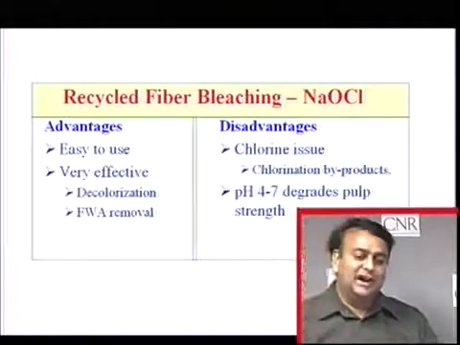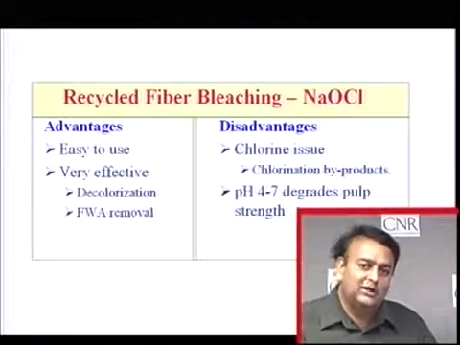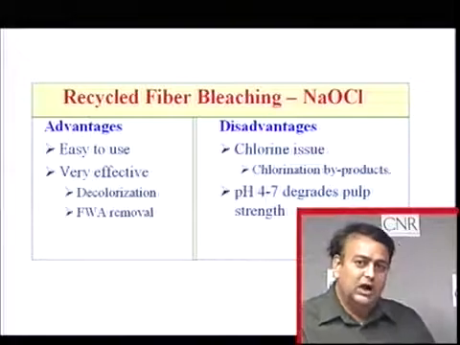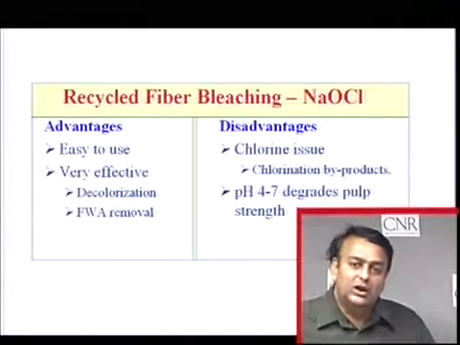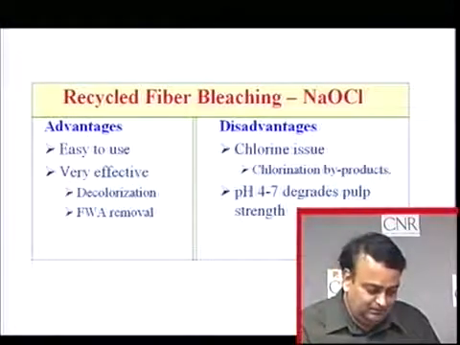So there is a standard the FDA has given for the amount of fluorescent whitening agent that can be present in the paper. Hypochlorite and any chlorine containing compounds are excellent for reducing the fluorescent whitening agents.